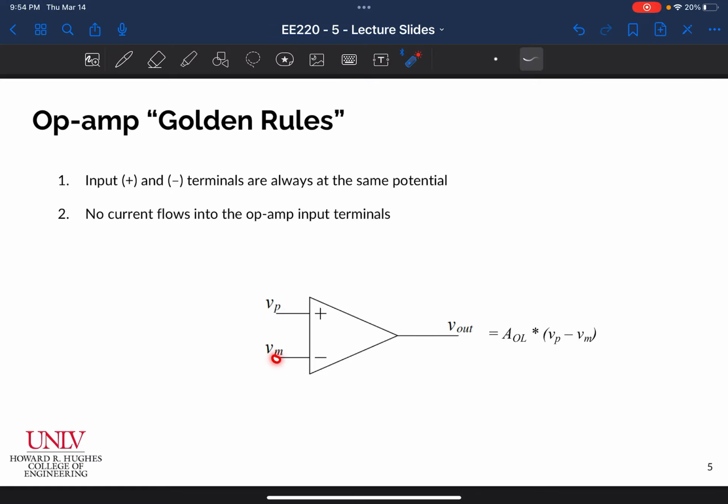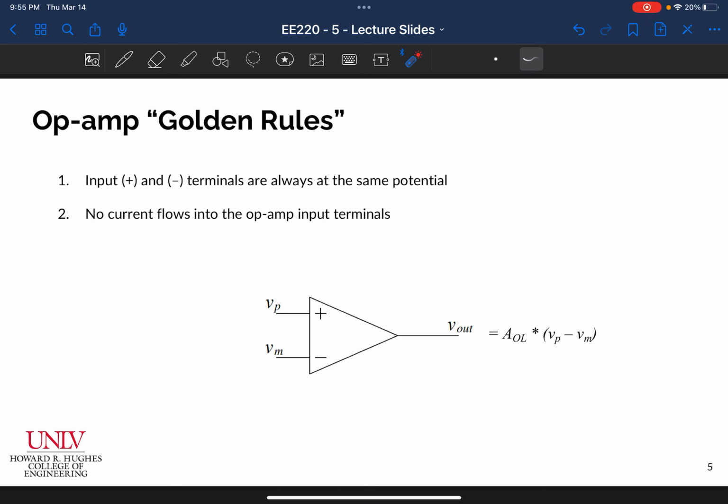So if I go ahead and take this minus symbol and ground it, then I would know that this is at 0 volts, and I would also know that my plus input is also at 0 volts, okay? So it is important to keep in mind that as the first rule, the two inputs are always at the same potential or the same voltage, okay? So that's the first golden rule.